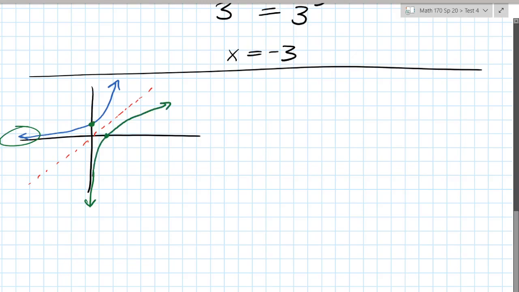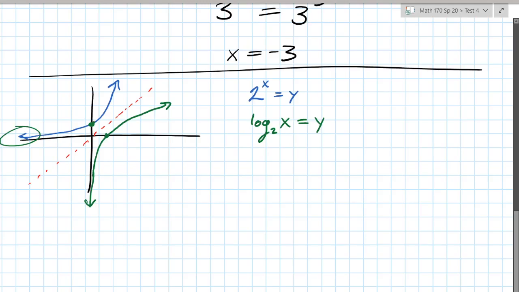So the exponential equation 2 to the x equals y, and the logarithmic equation log base 2 of x equals y have graphs that are mirror images across the y equals x dotted line.